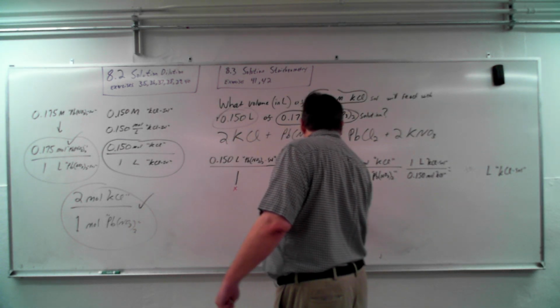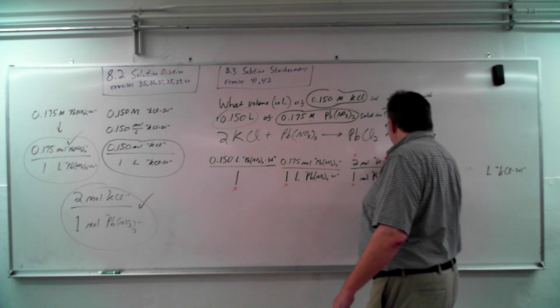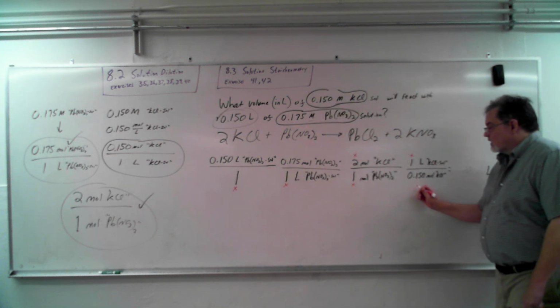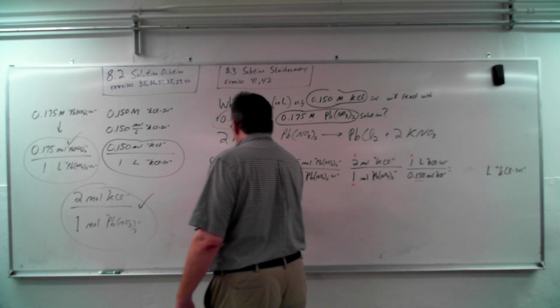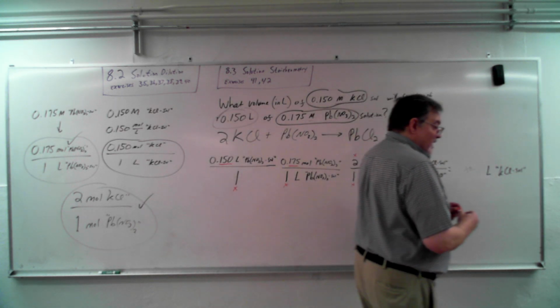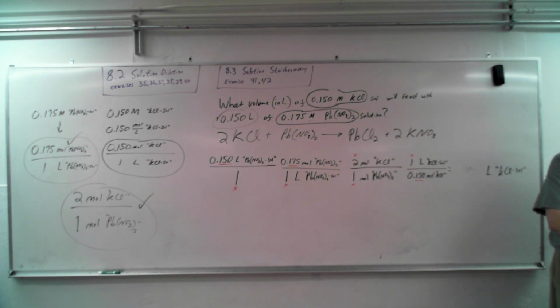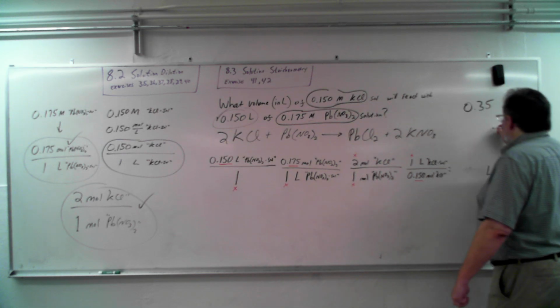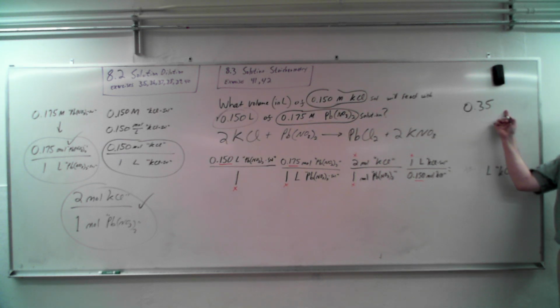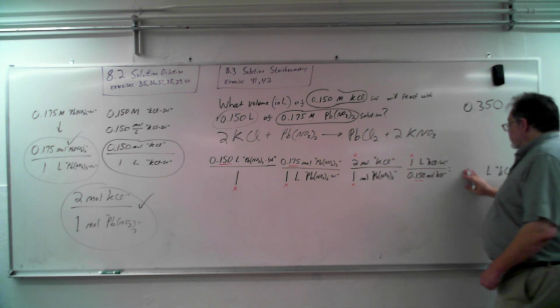This one is exact, this is exact, this 2 is exact, and that 1 is exact. So we've got 3 significant figures, 3 and 3. After I calculate this out, my calculator says 0.35. But I'm going to add a 0 here because it's supposed to be 3 significant figures. So that should be the answer.